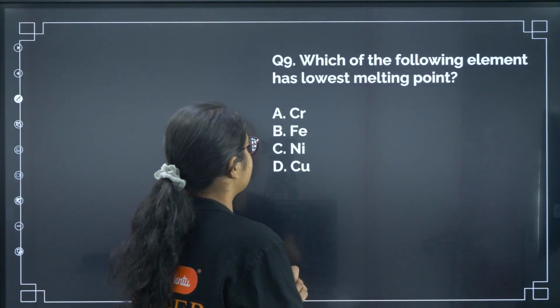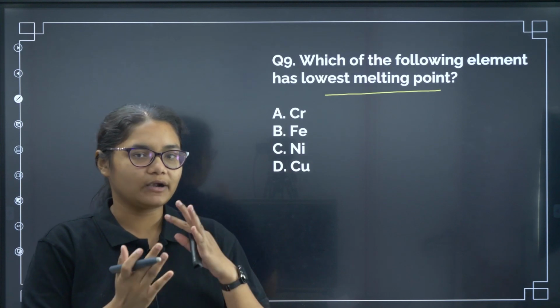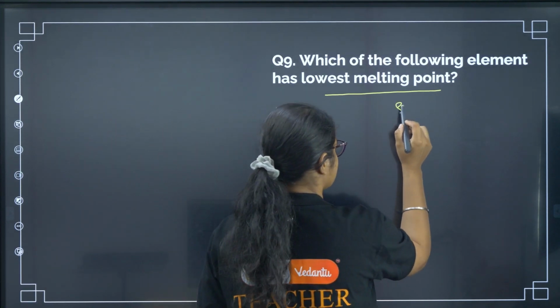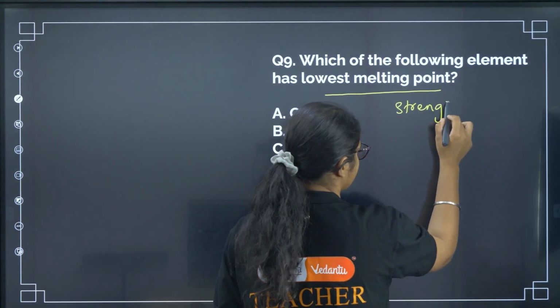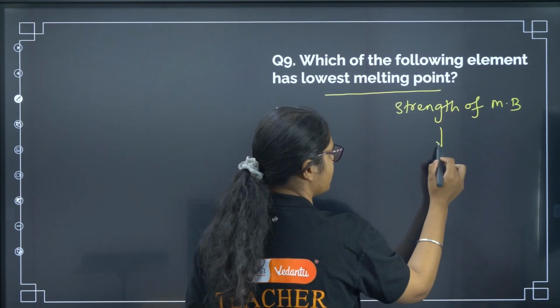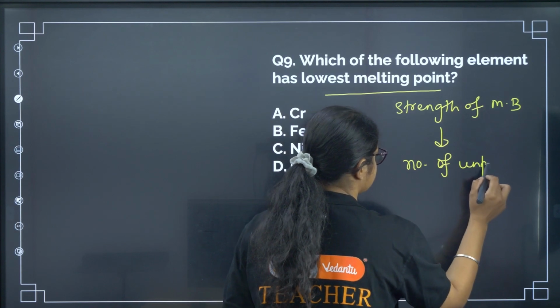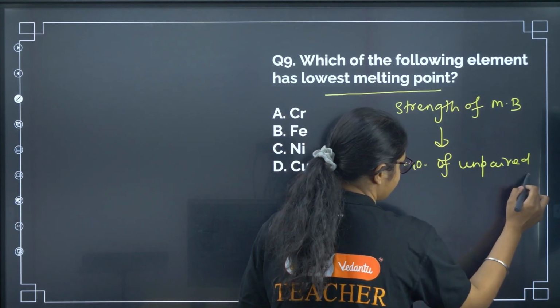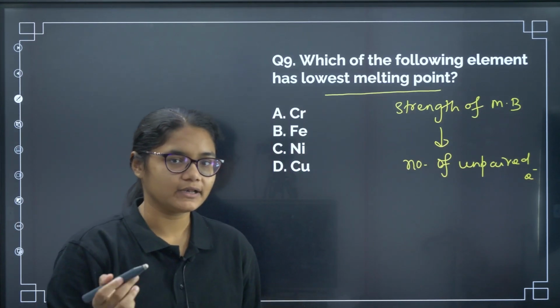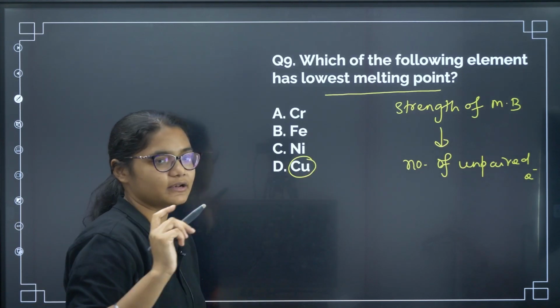Next question, which of the following elements has the lowest melting point? Melting point and boiling point depend on metallic bonding, and the strength of metallic bonding depends on the number of unpaired electrons. If we have more unpaired electrons, stronger metallic bonding will take place. Now, copper has the least number of unpaired electrons.